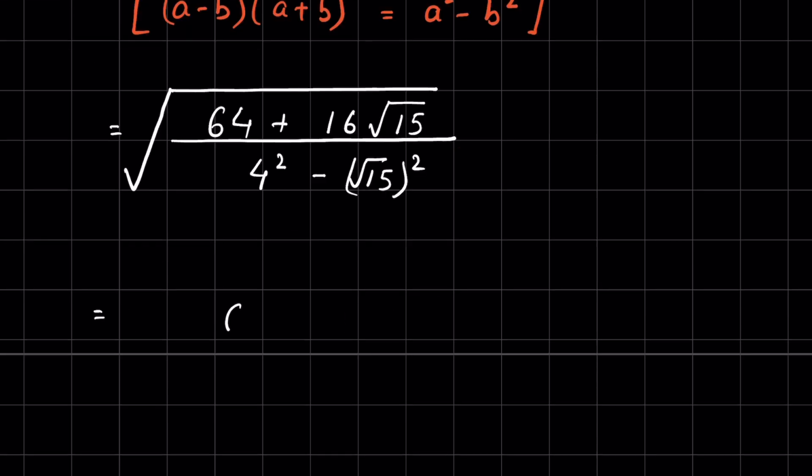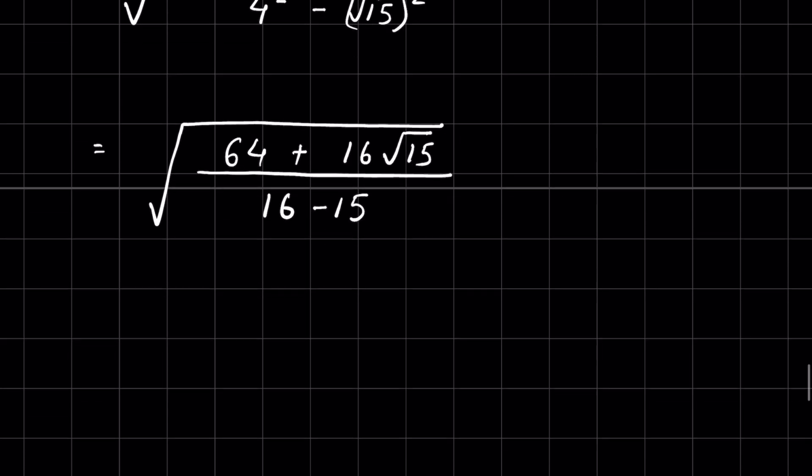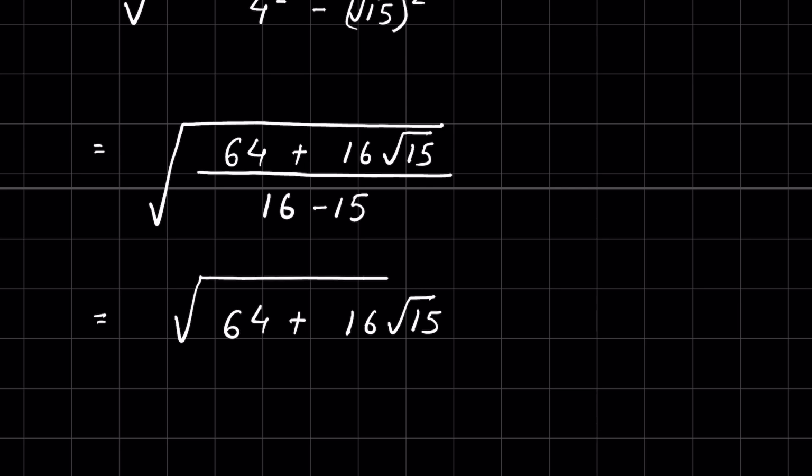Or 64 plus 16 times square root of 15 upon 4 square is 16, and we can remove the square root with this square, so this is minus 15, under square root. 16 minus 15 is 1, so we can remove the denominator. 64 plus 16 times square root of 15, under square root.